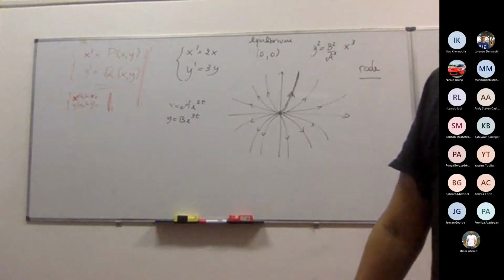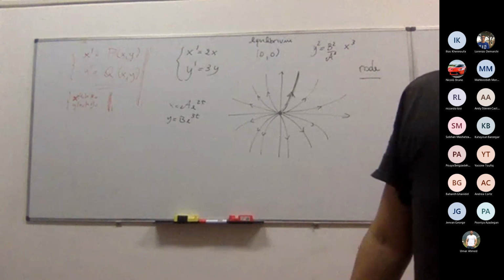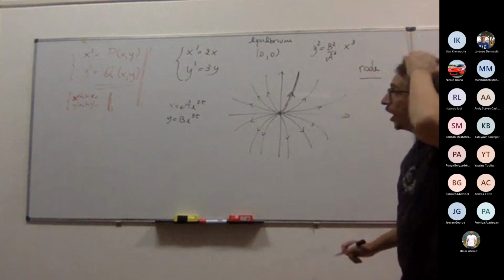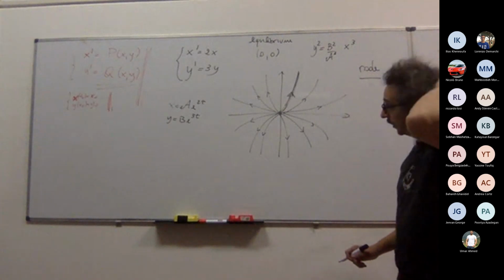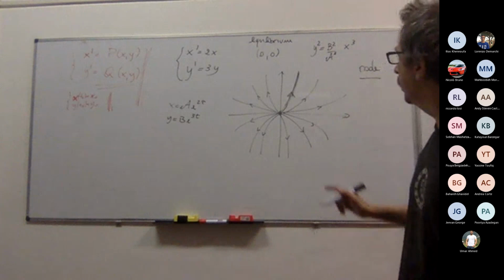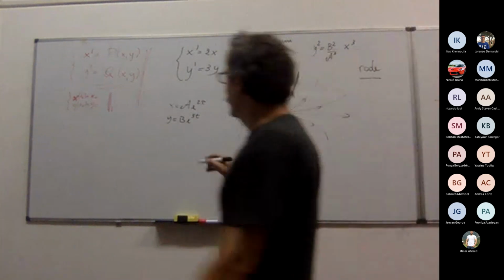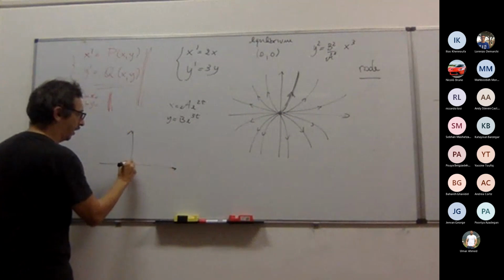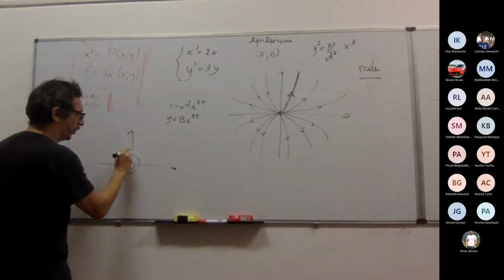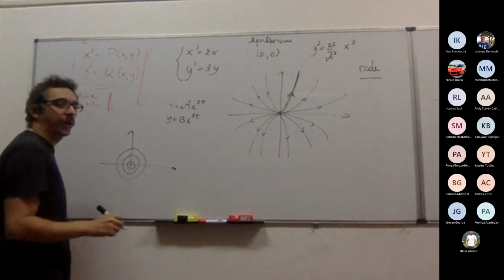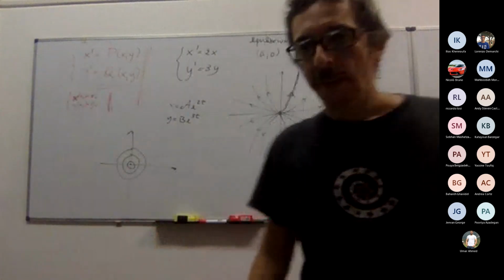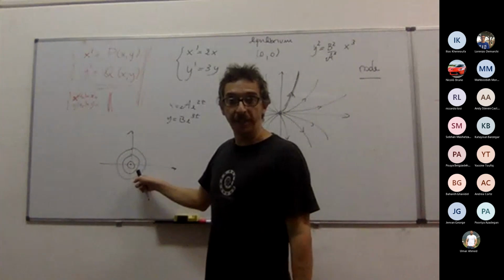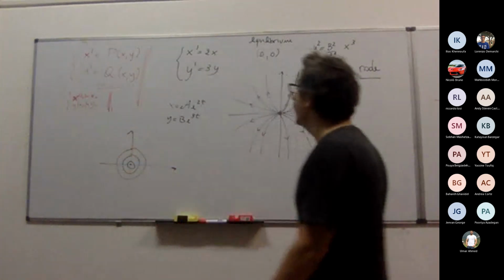Now, we have seen two kinds of critical points until now. One is the node. The other one that we are seeing is the center, which was basically a critical point surrounded by closed orbits, circular ones as before.